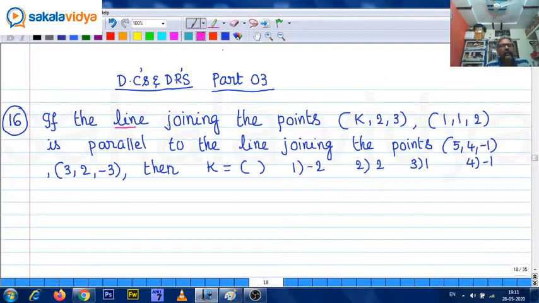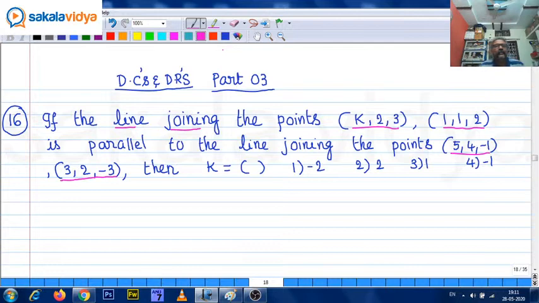If the line joining the points k comma 2 comma 3, 1 comma 1 comma 2 is parallel to the line joining the points 5 comma 4 comma minus 1, 3 comma 2 comma minus 3, then k is equal to.